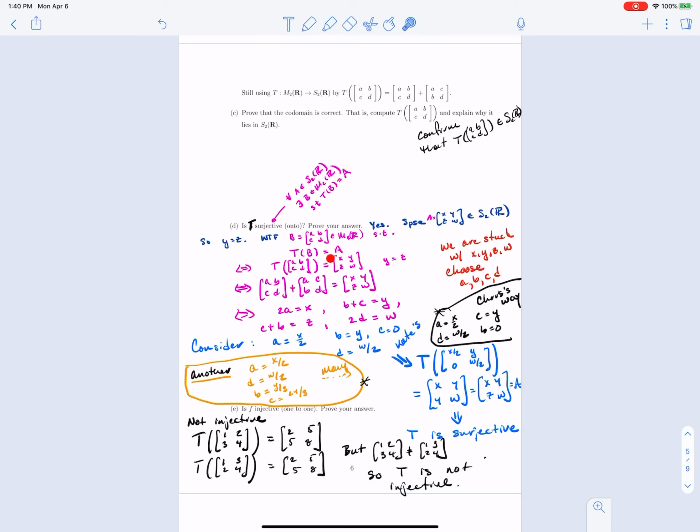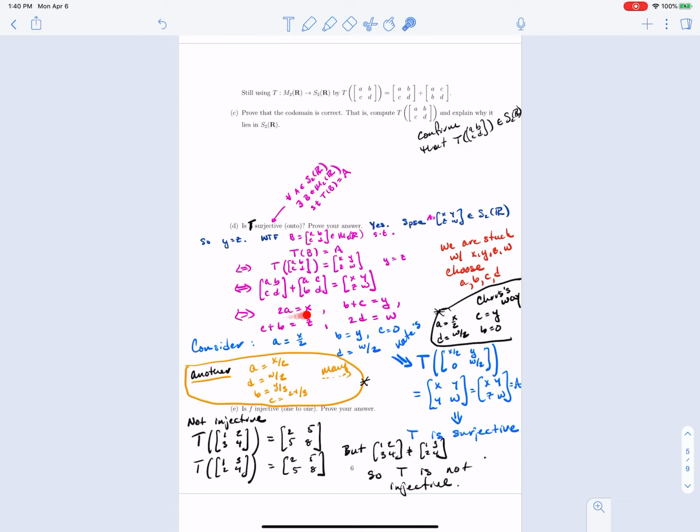So T of ABCD equals XYZW. Now I'm going to work out what T of ABCD is, so that's ABCD plus ACBD equals XYZW. And so we know that 2A must be X, 2D must be W, B plus C must be Y, and B plus C must be Z. That gives us an idea of what A, B, C, and D should be in order to achieve T of A, B, C, D equals X, Y, Z, W.